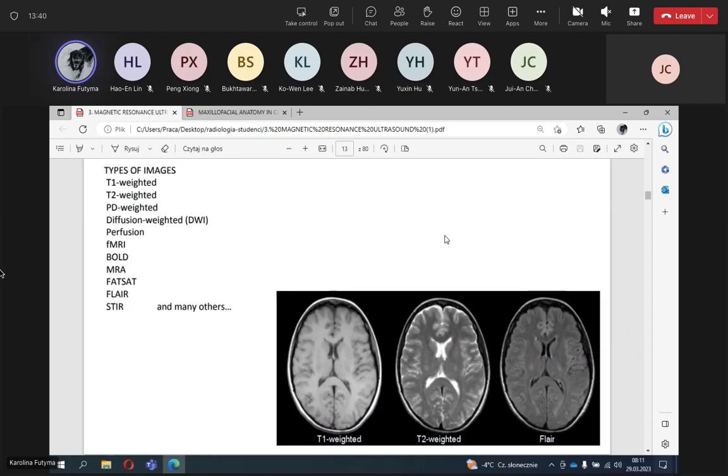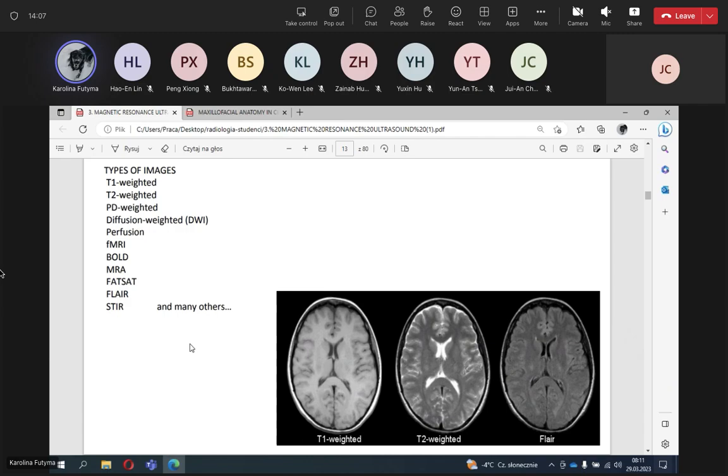And here we have the most popular, the most basic types of images in MRI. So our T1 weighted and T2 weighted, those two are the most important. Then we have a lot of different images in MRI, used a little bit more in advanced cases.